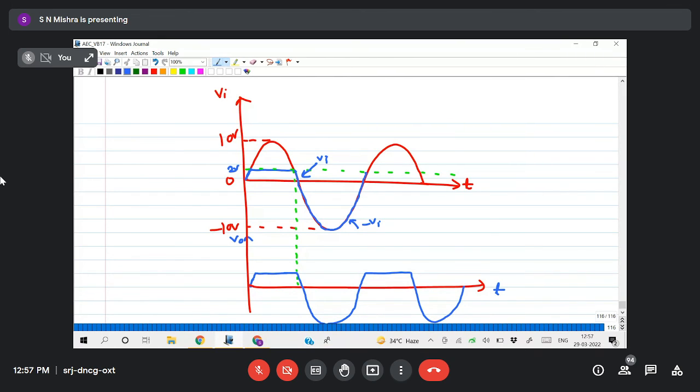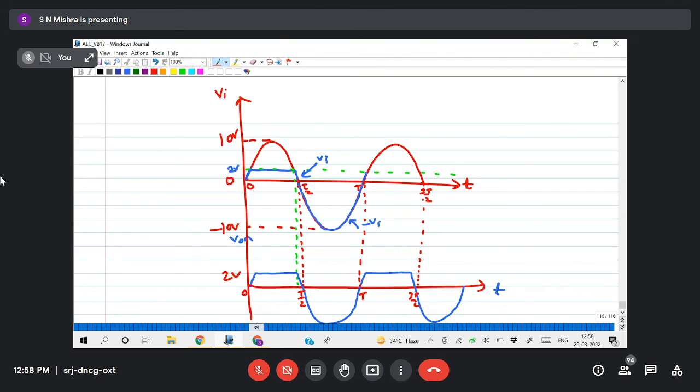Clear? Now this point is your 0, this is your T by 2, this is your T, this is your 3T by 2. But in the output, this is 0, this point is T by 2, this point is T, this is 3T by 2, and this is your 2 volt.